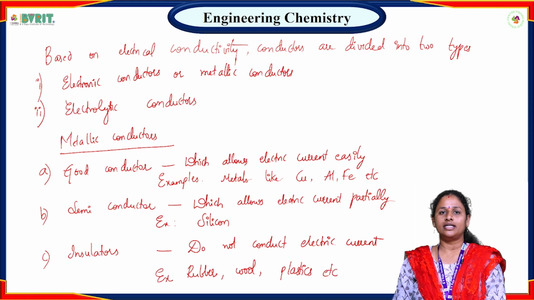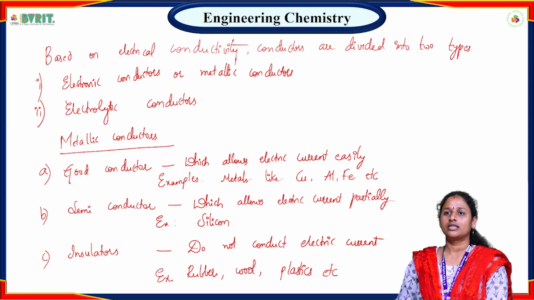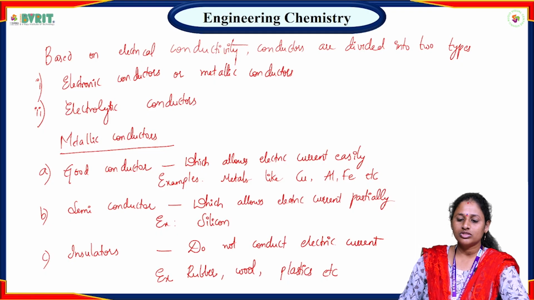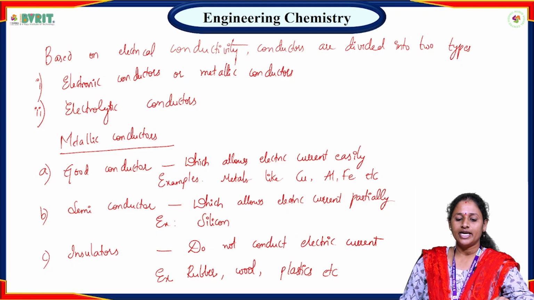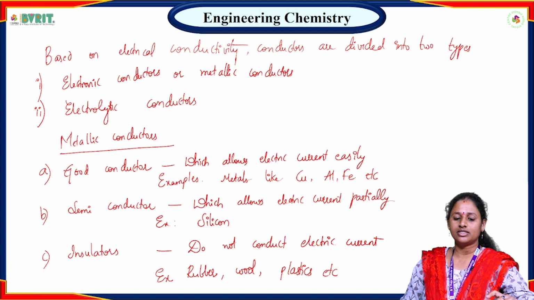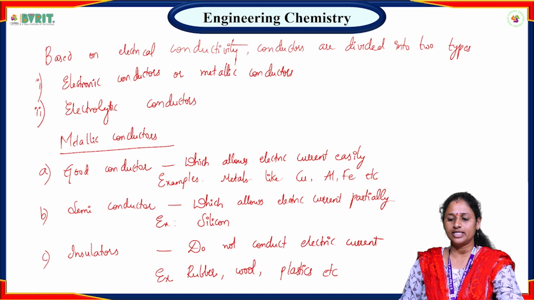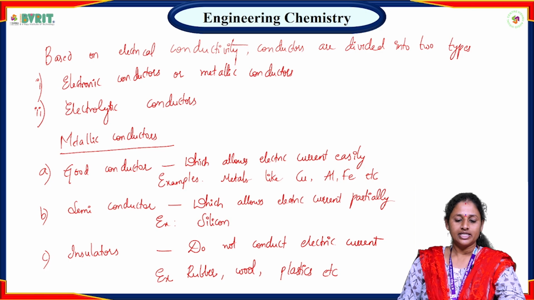So, metallic conductors are the conductors which allow the passage of electric current with the flow of electrons. These are divided into three types: good conductor, semiconductors, insulators. So these good conductors are the one which allows the electric current easily in the case of copper, aluminium and iron.